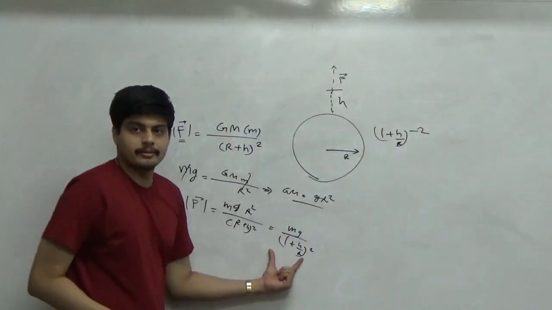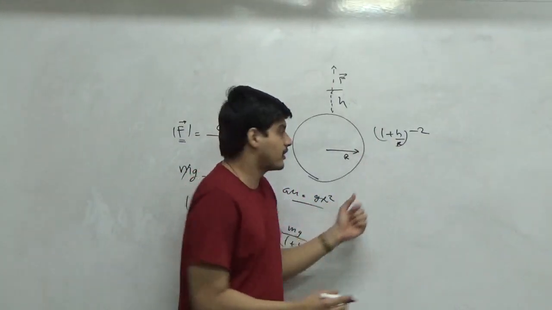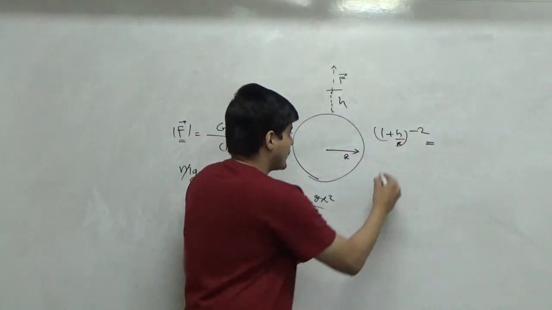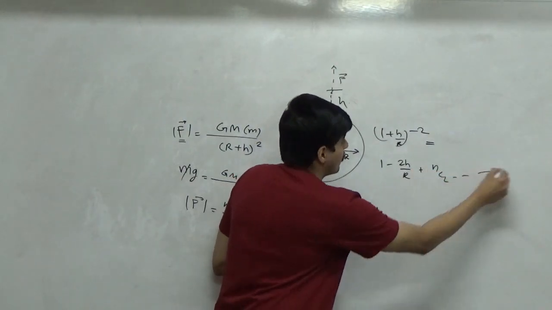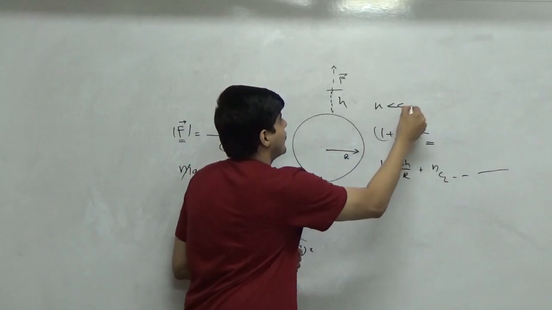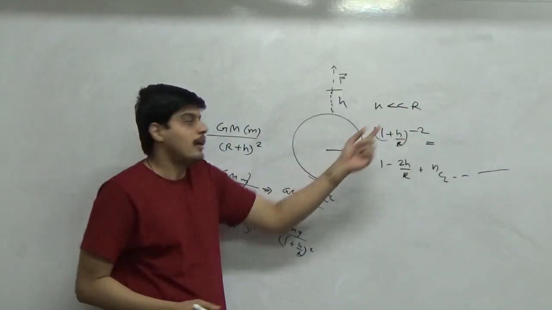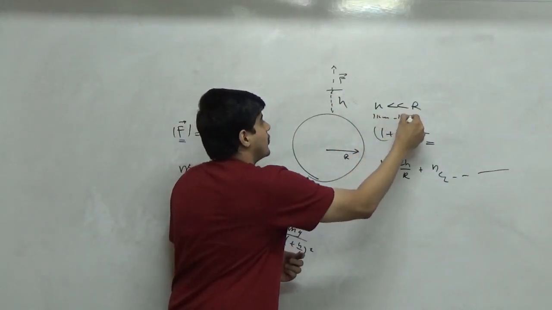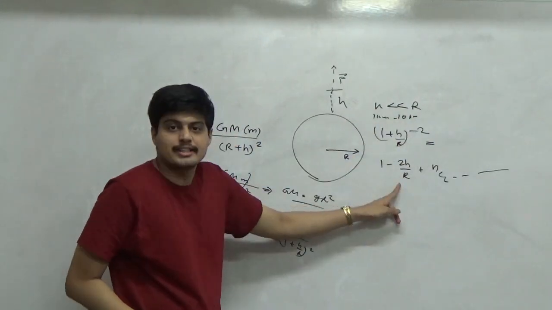This is the denominator. Now the Taylor series expansion tells me a very simple thing, that I can resolve it as a polynomial, which means I can simply write it as 1 minus 2h upon r plus higher order terms. But we know that for height which is very less than r, because radius of earth is almost 6,400 kilometers, and if we are looking at maneuvers which are say 1 kilometer, 10 kilometers, your height is very less than r, so h by r is very small.